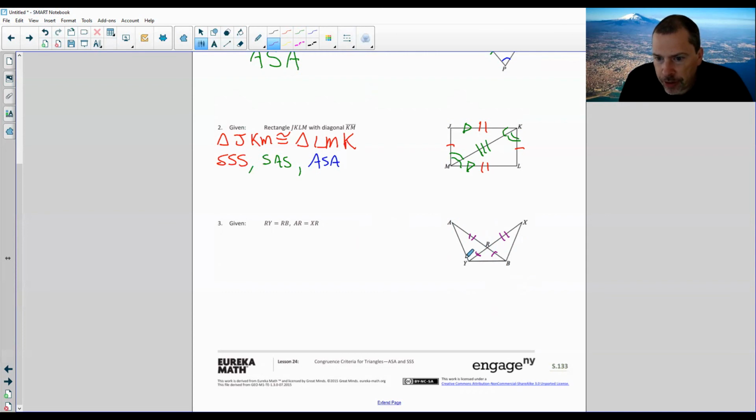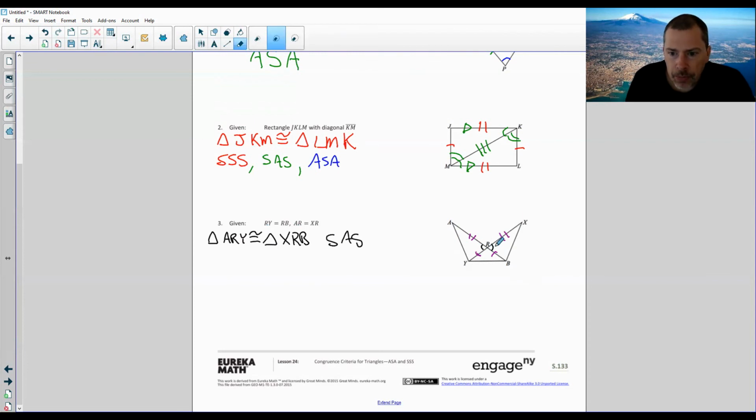We have triangle ARY with 2 sides, and we have angle ARY congruent to angle XRB because they're vertical angles, and vertical angles are congruent. So now I can say triangle ARY is congruent to triangle XRB. Reason: side, angle, side.